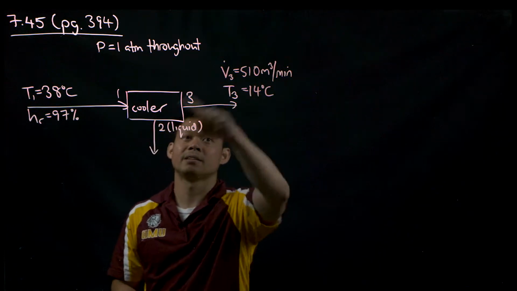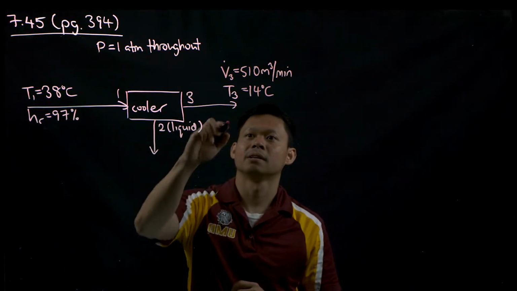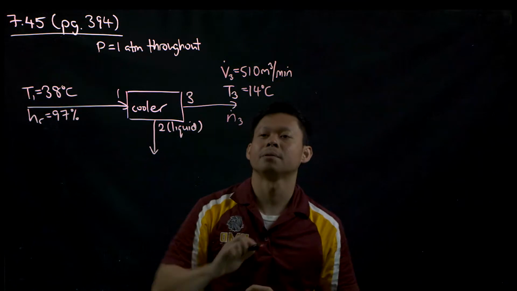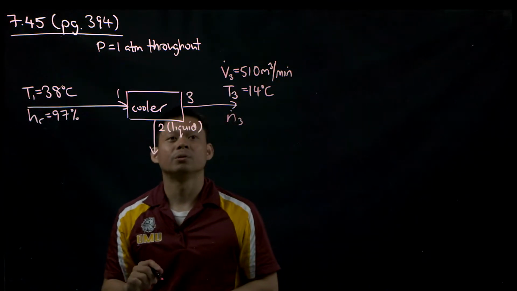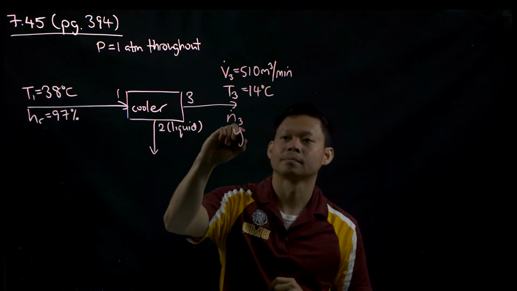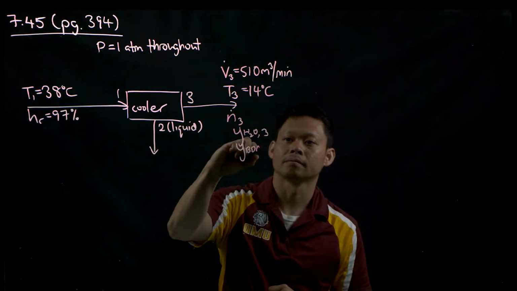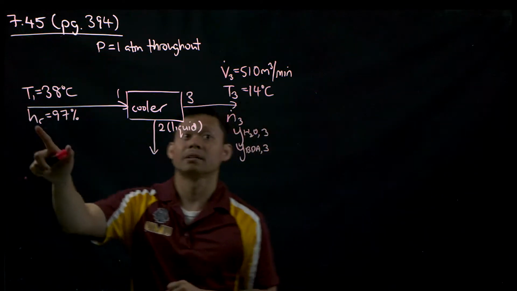We do have a basis down here, but we're going to do everything in terms of moles, which means we're going to need a molar flow rate down here. And we also know we have two components here, bone-dry air and water. Same thing down here.